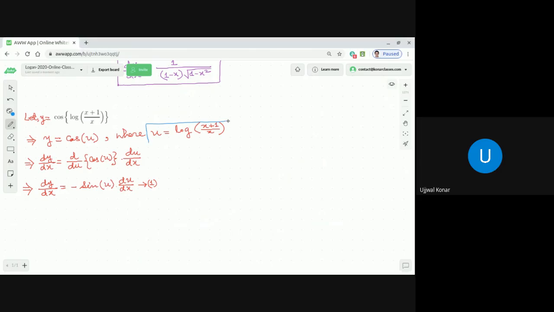So u is equal to that. All we need to find is du by dx. One question I have: here the log does not have a base, so what is the base supposed to be? Okay. Though in this context it is not very important, as an overall discussion of log it is a very valid question. Whenever we say log, that means its base is 10.